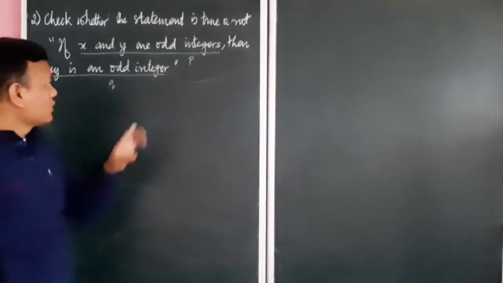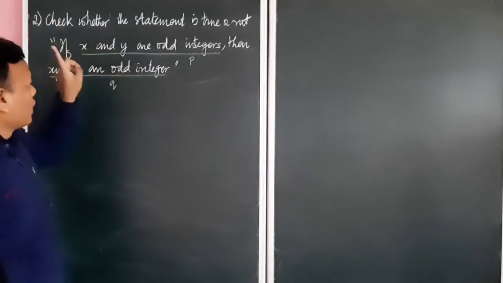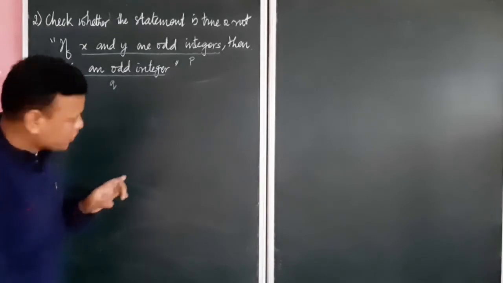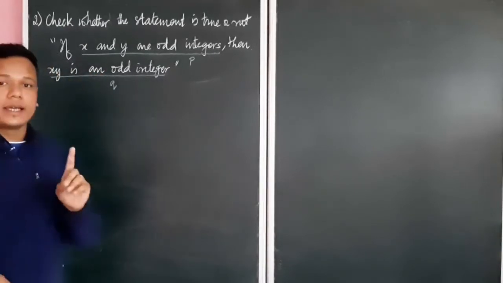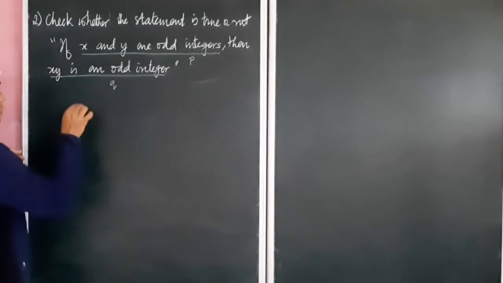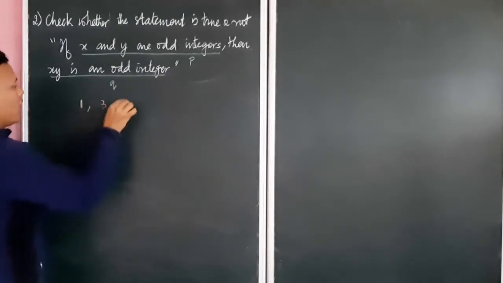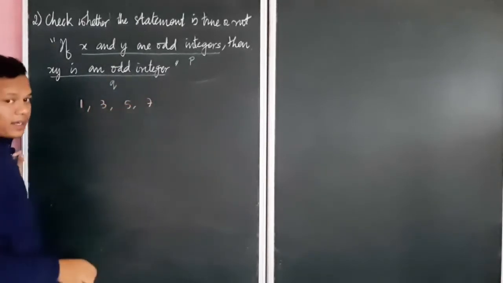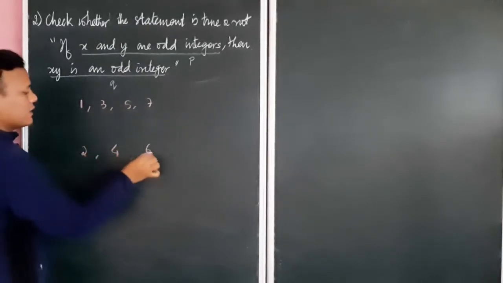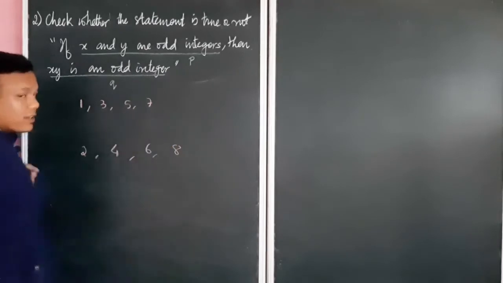Okay, now since the question is talking about odd integers, let me give you a brief introduction about odd integers and even integers. Odd integers means 1, 3, 5, 7, right? And even means 2, 4, 6, 8, etc., right?